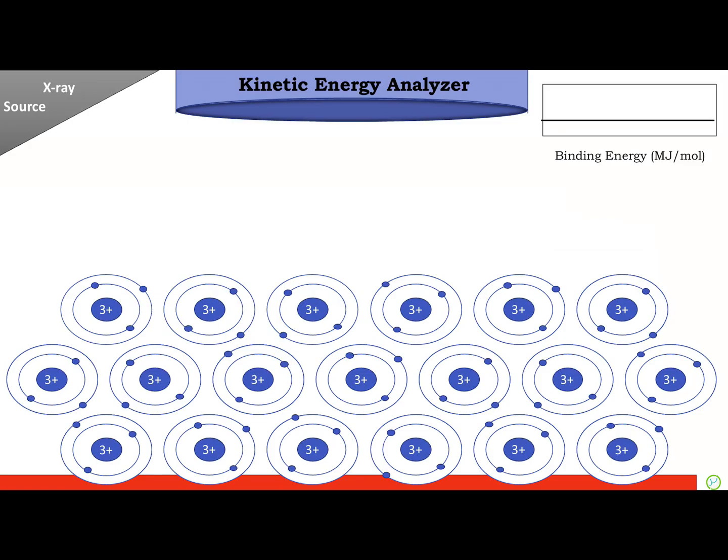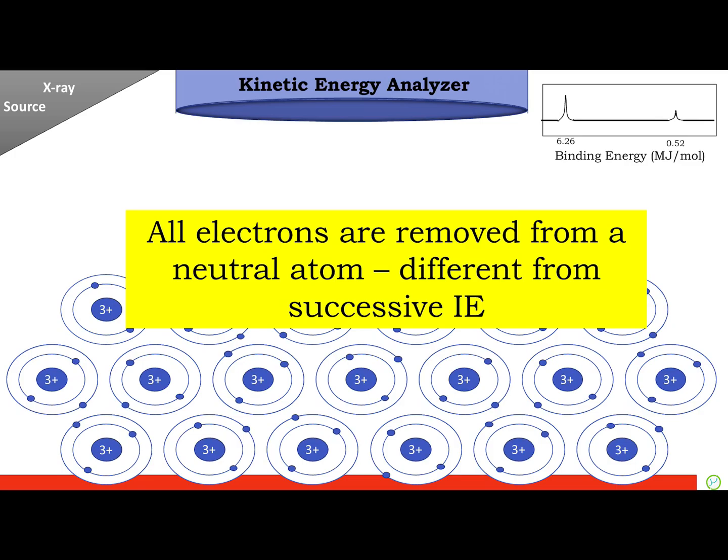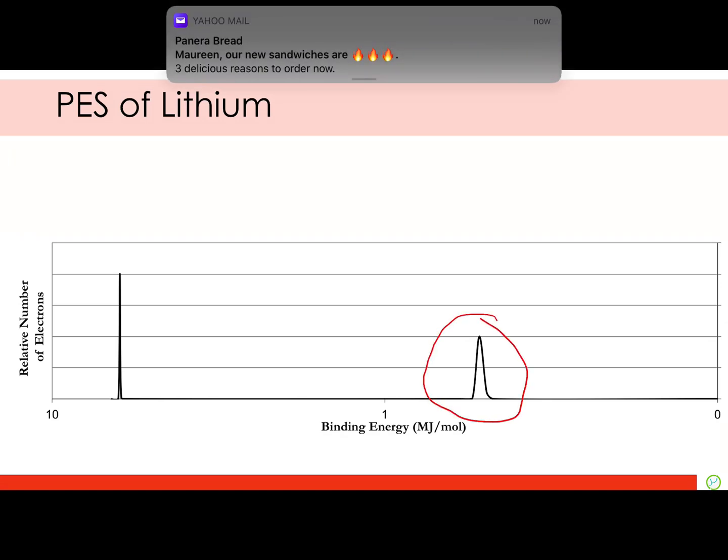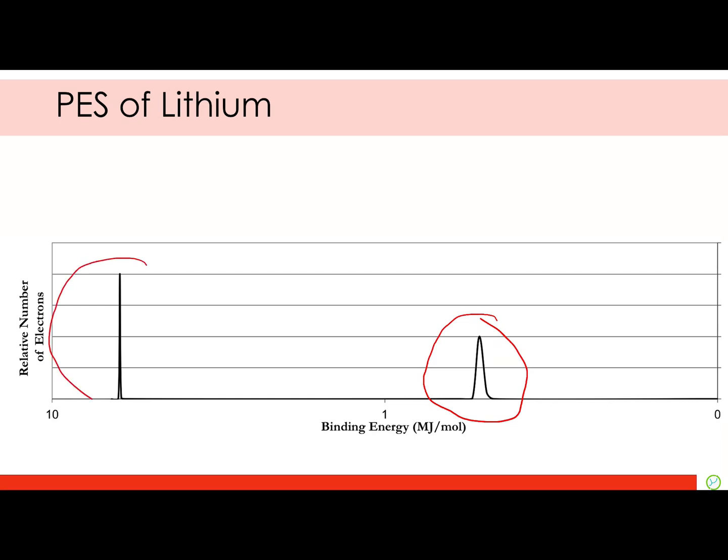This is the way that this little kinetic energy analyzer would work. These X-rays remove all electrons, and we get a diagram that looks like this. This is the photoelectron spectra of lithium. Notice there's a peak here for lithium, and there's also a peak over here.